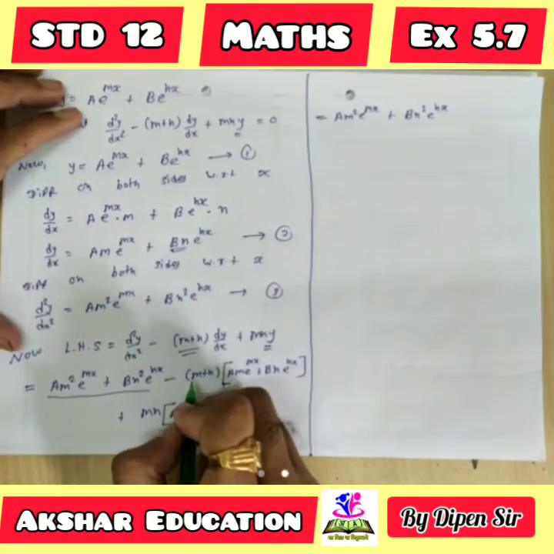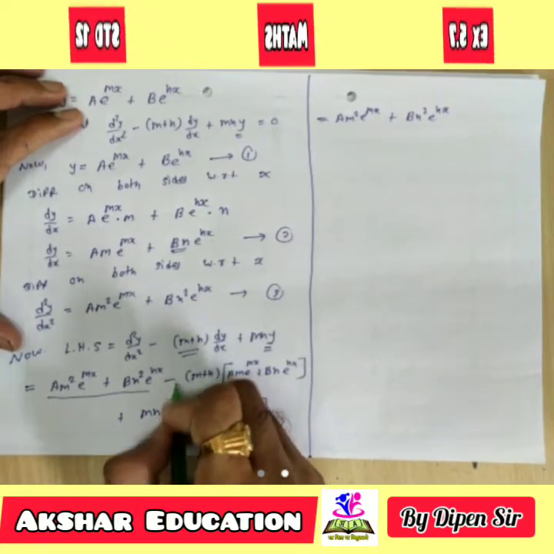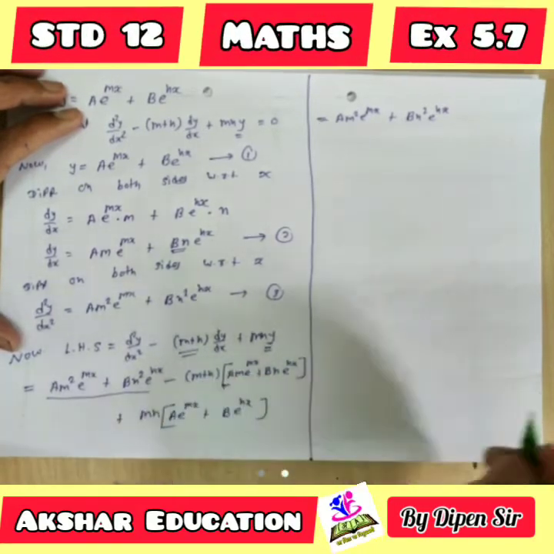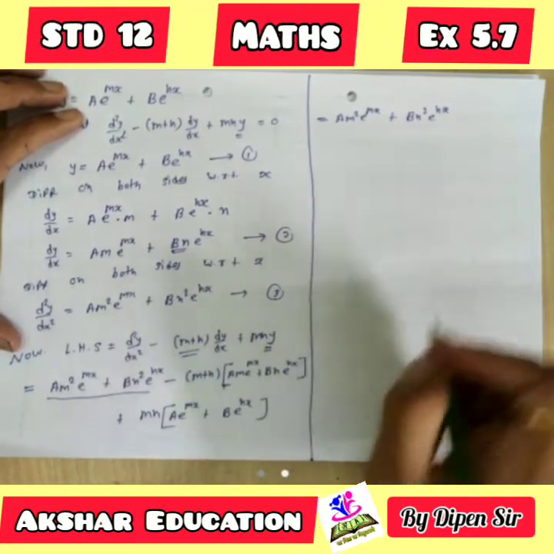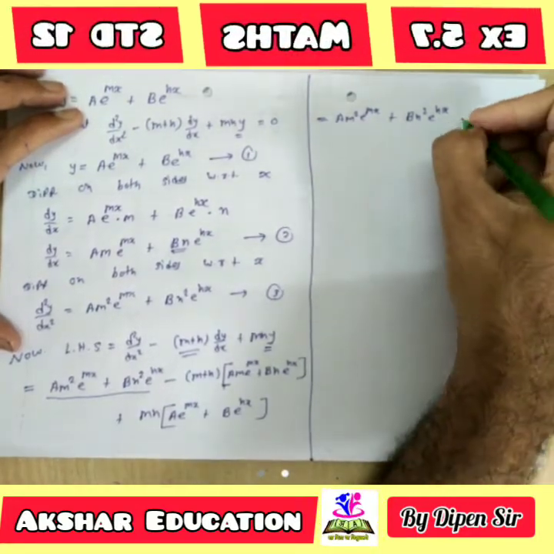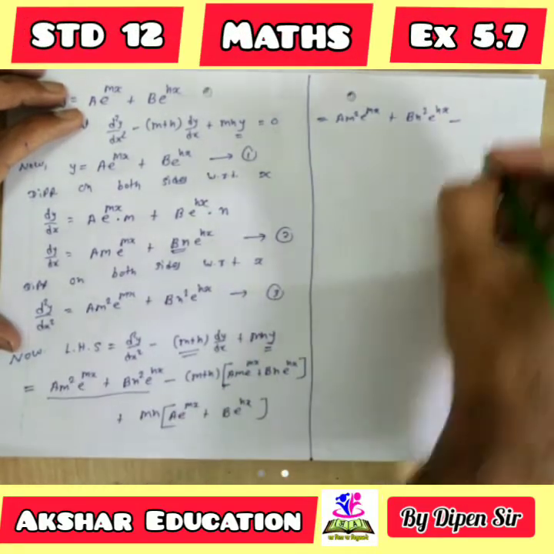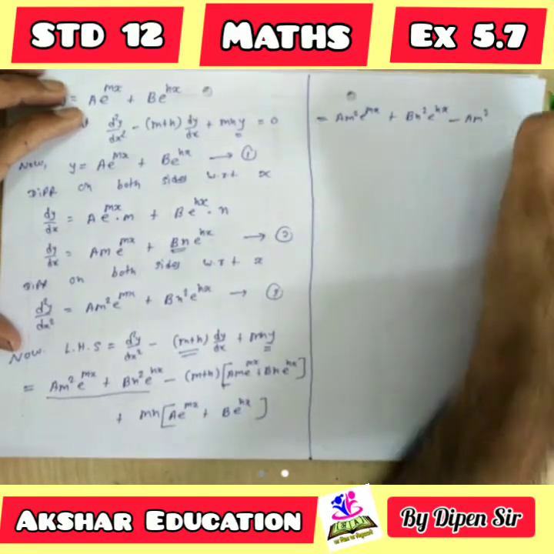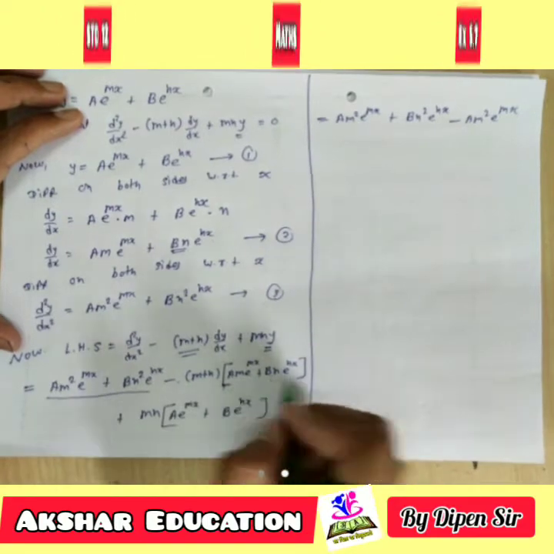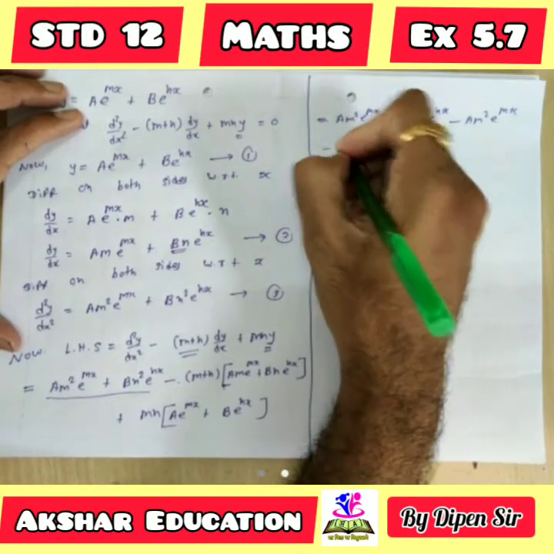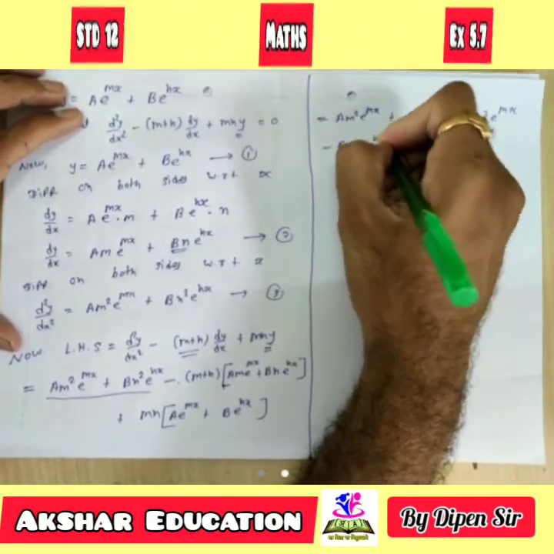Now multiplying this minus m, let us first keep the minus sign in the bracket and multiply with the minus sign. Multiplying this minus m with this entire bracket, these two terms, so that will be minus m into am. So it's a minus a m square e raised to mx minus m into this b. So this is minus b mn e raised to nx.